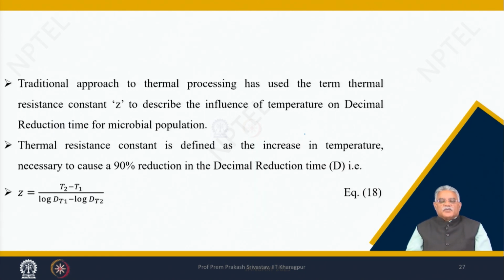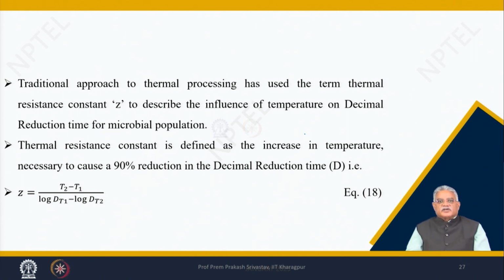The traditional approach to thermal processing has used the term thermal resistance constant, that is Z, to describe the influence of temperature on decimal reduction time for microbial population.